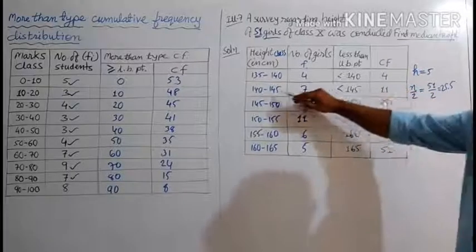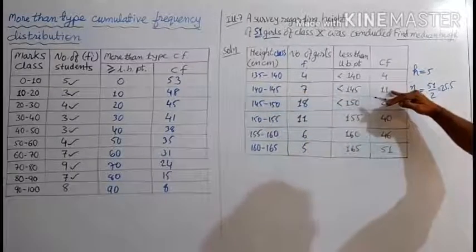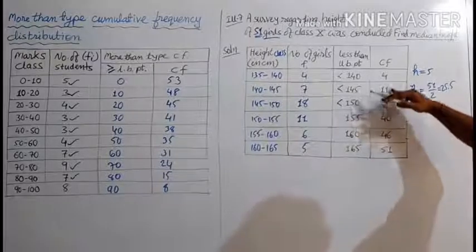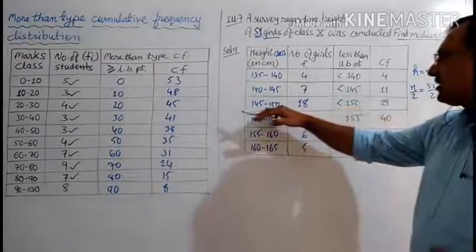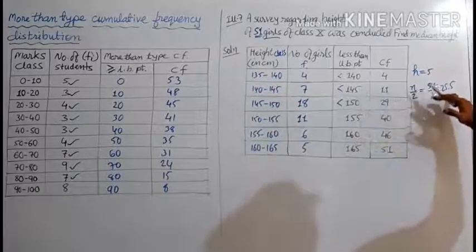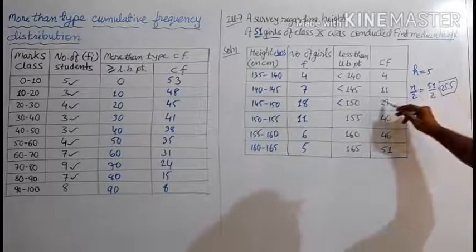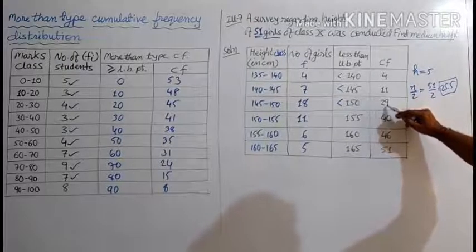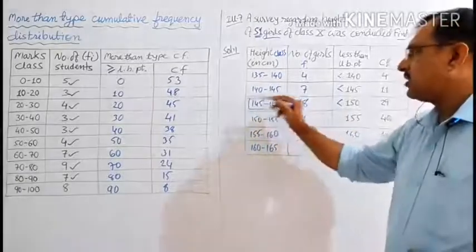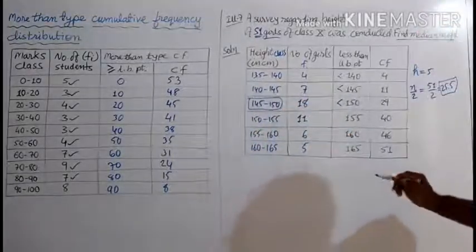Up to 11 girls their height is under 145, but from the 12th girl to the 29th student, 12 to 29, they have height in this range. So 25.5 comes in this range, after 12 up to 29.